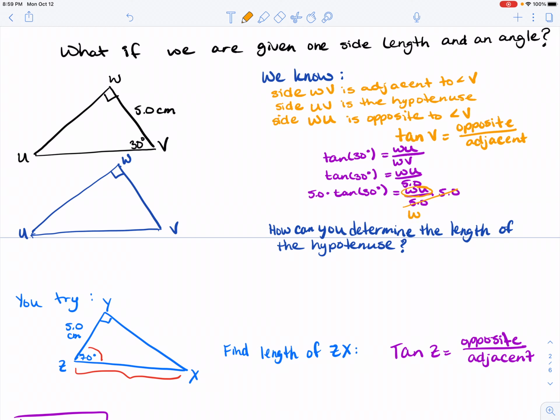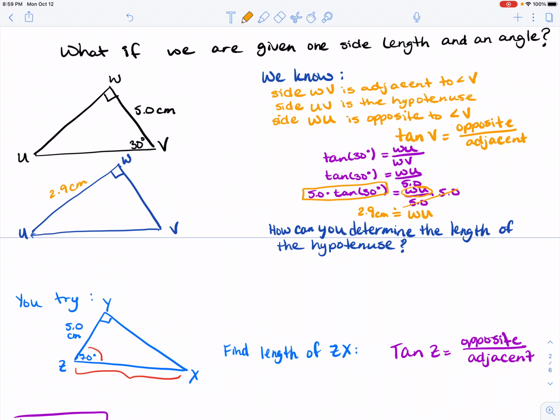So that means that WU, if I solve 5 times tan 30, I will get approximately, because I'm going to put it to one decimal place, just to tenths, about 2.9 centimeters. So now I know that WU is 2.9 centimeters.